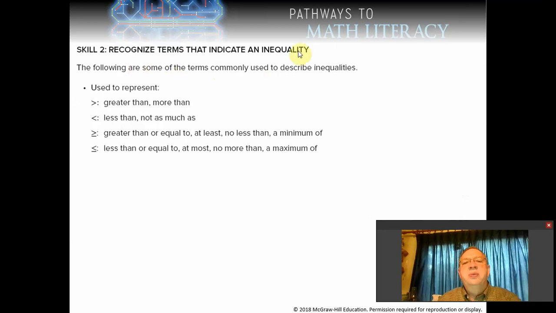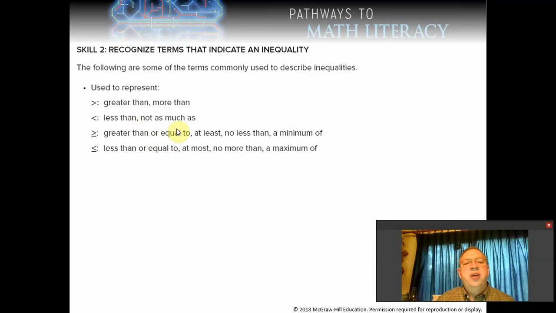Here are some of the terms commonly used to describe inequalities. Greater than: strictly greater than, more than. Less than: not as much as, strictly less than. Greater than or equal to: at least, no less than, a minimum of. These are all the same expression.